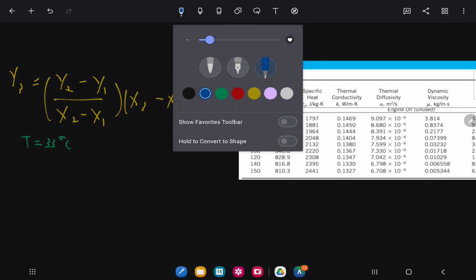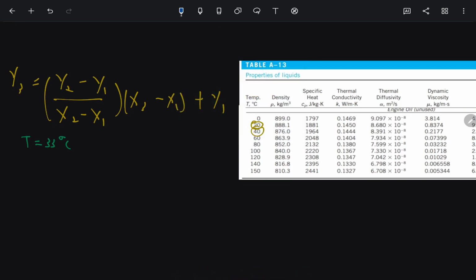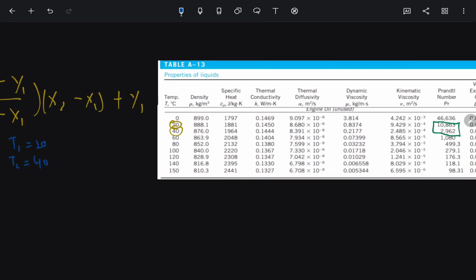So let's write everything down that we know. The T we want is 33 degrees C. We say T1 is 20, T2 is 40. Then associated with 20, the Prandtl number, PR, is 10863.